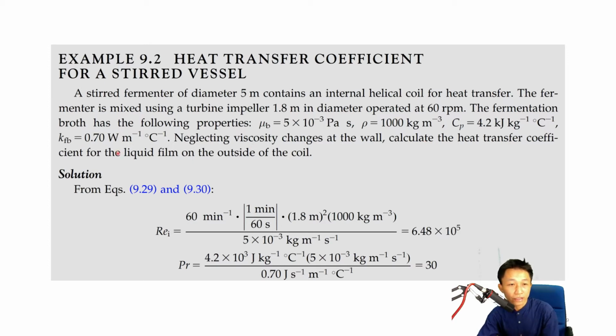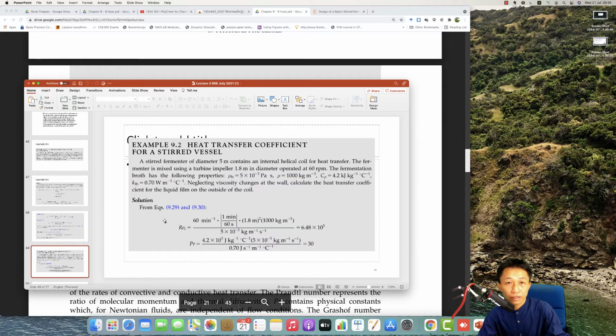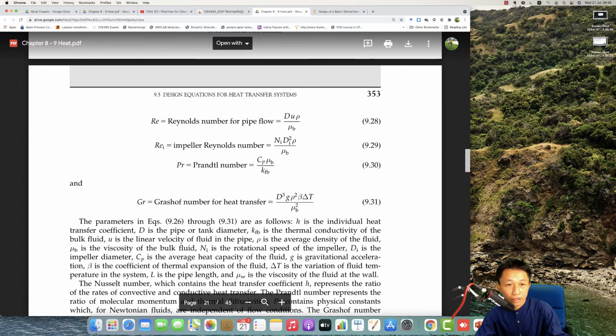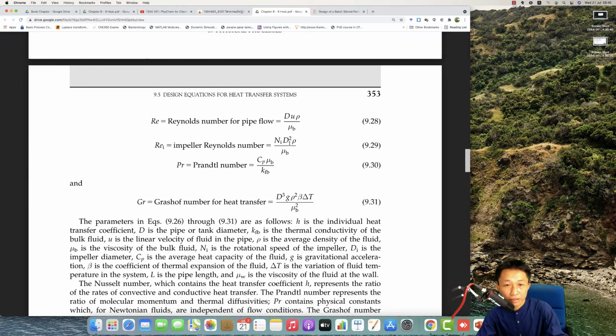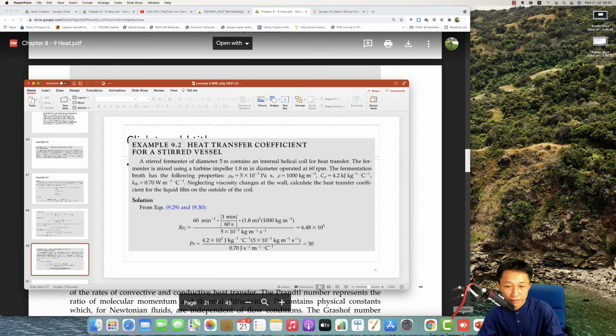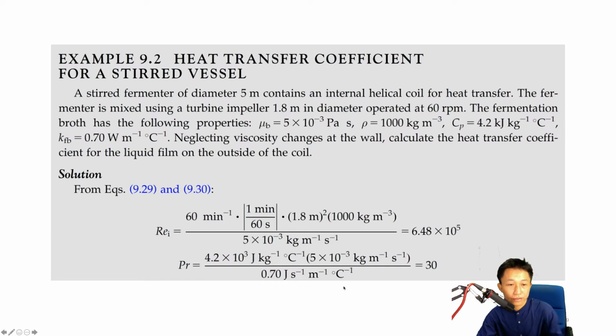We calculate the heat transfer. Again, we use the Reynolds number, but this one is the impeller Reynolds number, which uses Ni, Di, rho, and mu. Continuing, the Prandtl number is this one.